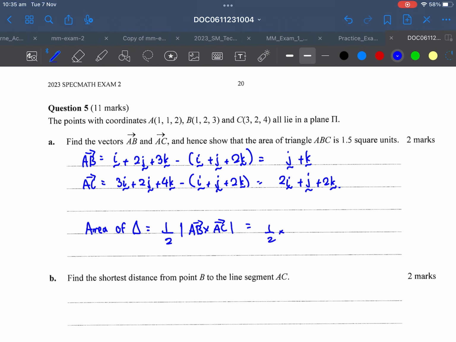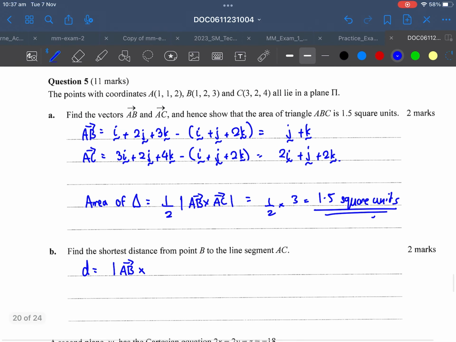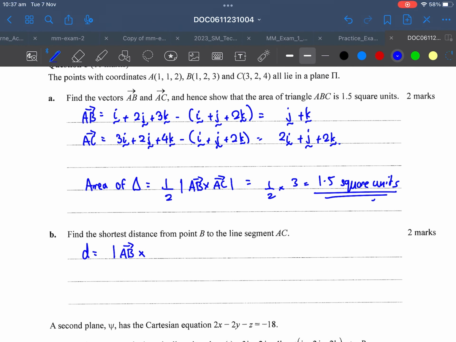Okay, find the shortest distance from point B to the line segment AC. So I have a formula for us to use: distance equals the magnitude of the cross product of vector AB and AC, over the magnitude of AC.